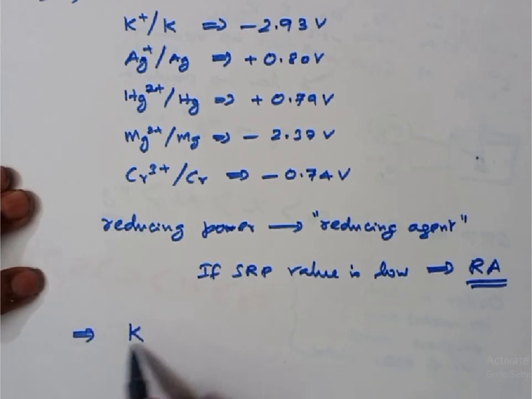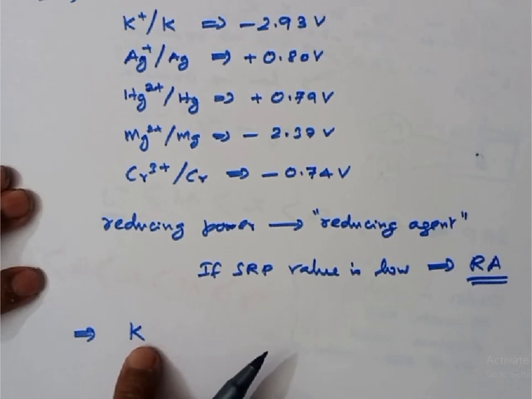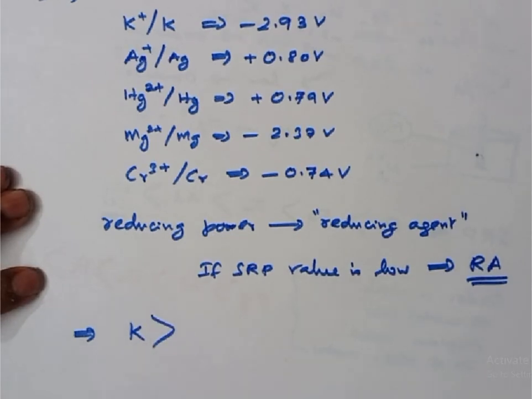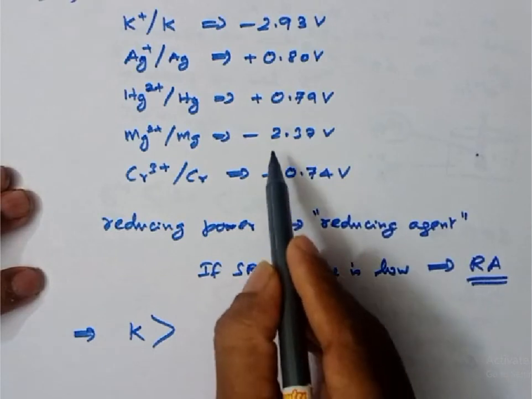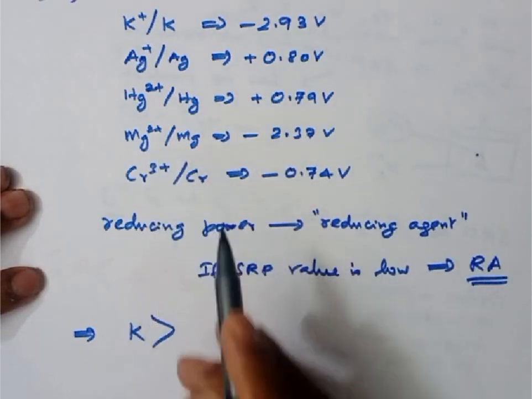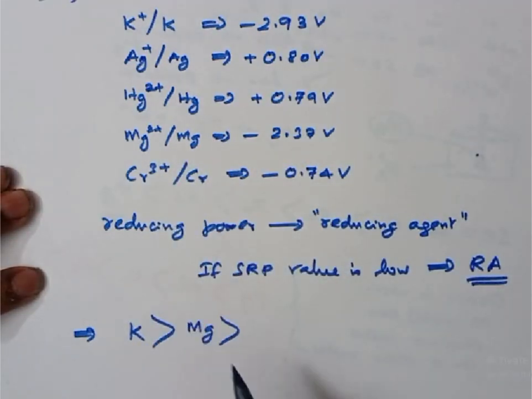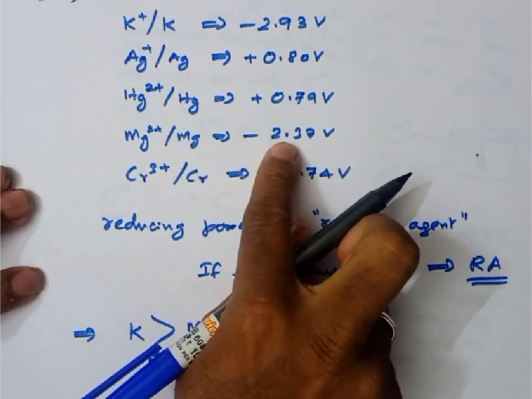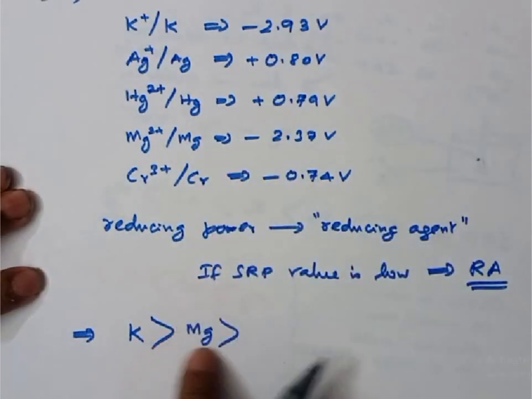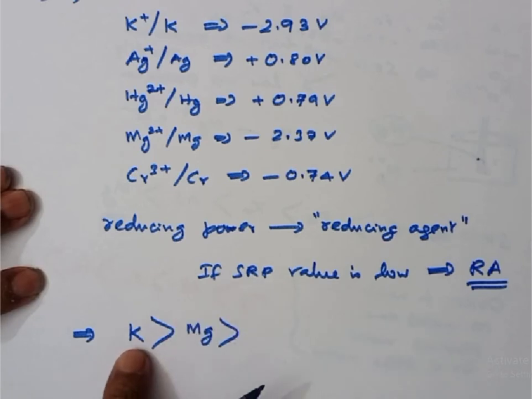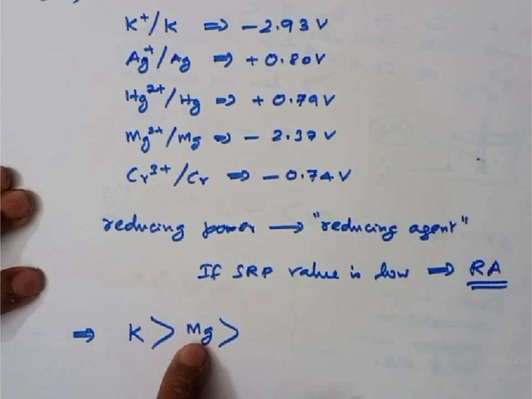So I am just arranging in the increasing order. Potassium is a good reducing agent. Then the next one is magnesium. After that, I am arranging in the increasing order of SRP. SRP is lowest for potassium, so it is a good reducing agent. The next metal is magnesium.